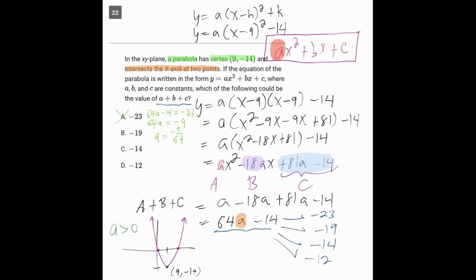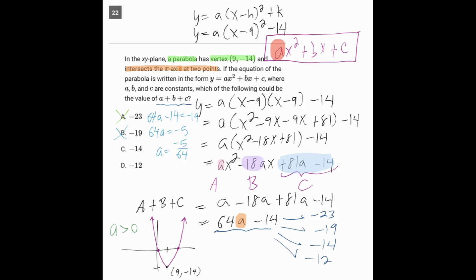Now let's try B. If B were the answer, we'd have 64A minus 14 equal to negative 19. Add 14 to both sides. 64A is negative 5, and divide by 64, and we have that as our answer for A. And we want A to be positive because it opens up, like we said.